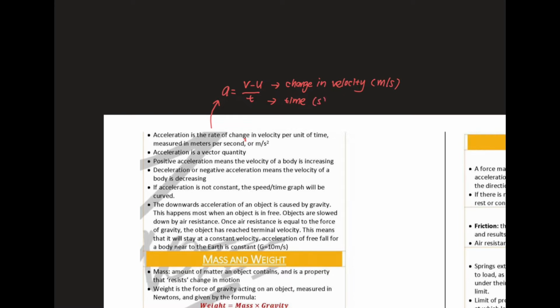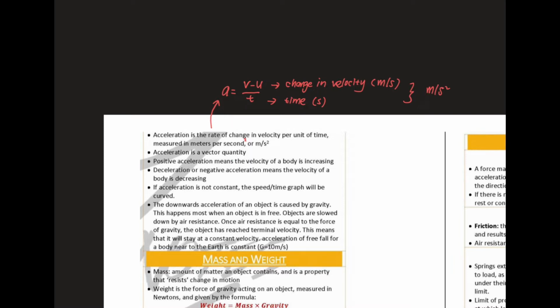Okay, so acceleration is a vector quantity. That means direction is there. So I give you an example. Let's say direction is important.